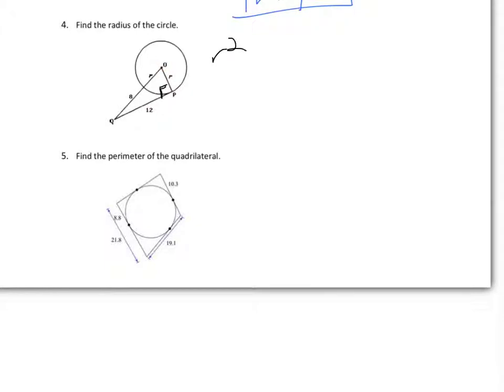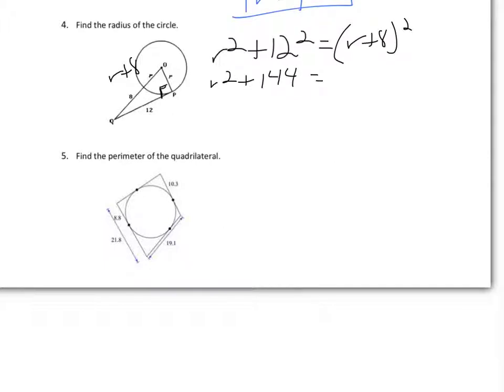So we're going to set this up. We've got r squared plus 12 squared. It's going to be equal to, but this hypotenuse is not r or 8. It's actually r plus 8, those added together. So it's going to be equal to (r plus 8) quantity squared. So r squared plus 144 is going to be equal to r plus 8 times r plus 8.